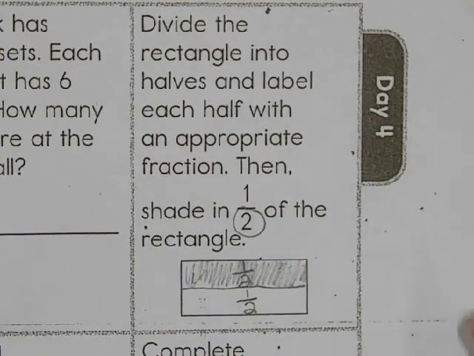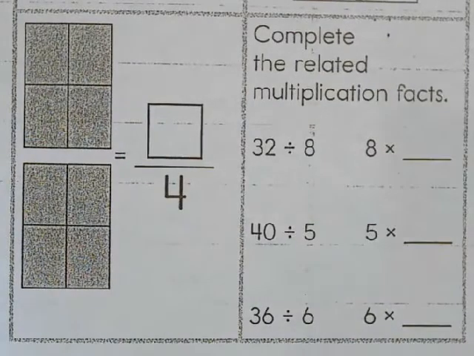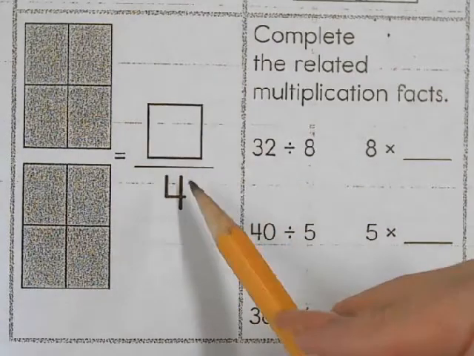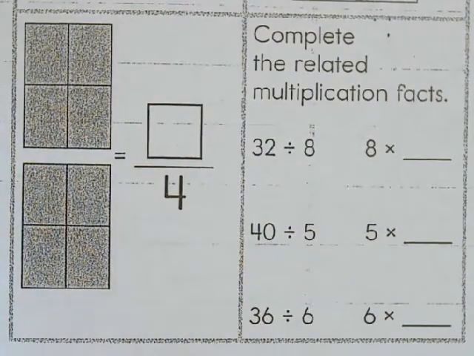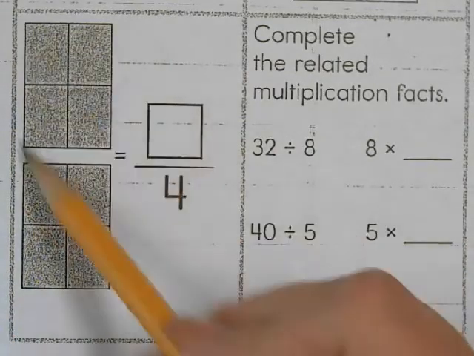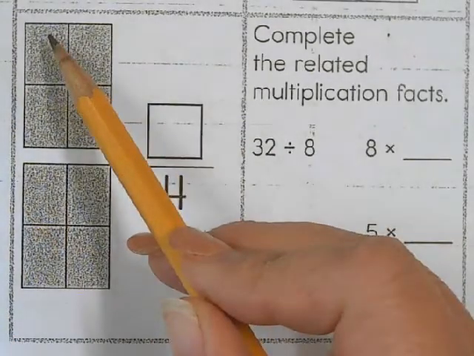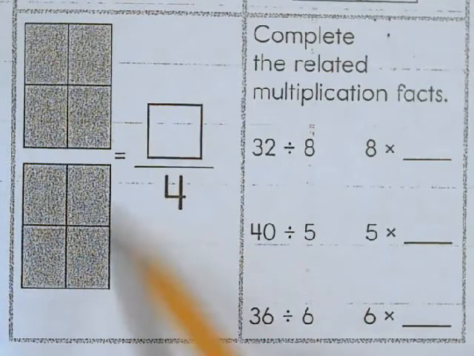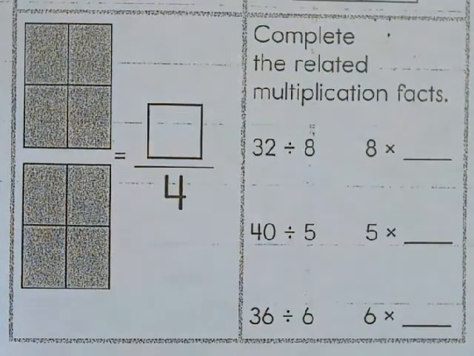When we go to our next fraction problem, down in the bottom left corner, it tells us that they want to know how many fourths there are. If you notice here, this is one whole rectangle, and this is also one whole rectangle.